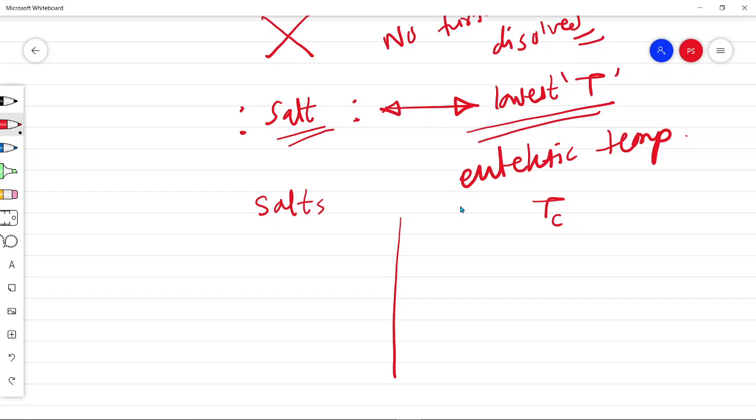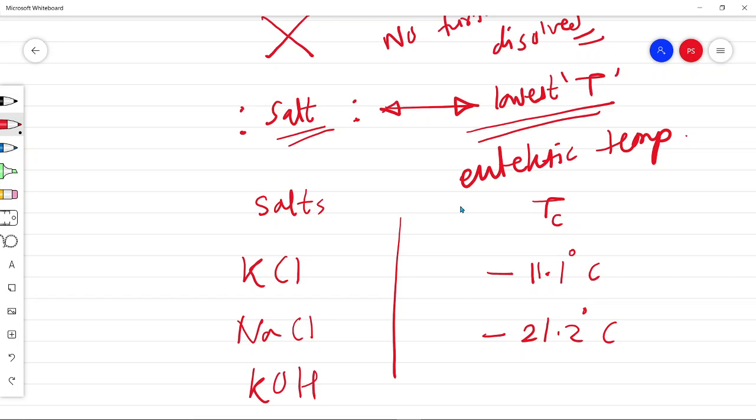For example, KCl has a eutectic temperature of minus 11.1 degrees Celsius. The table salt NaCl has a eutectic temperature of minus 21 degrees Celsius, and so on.